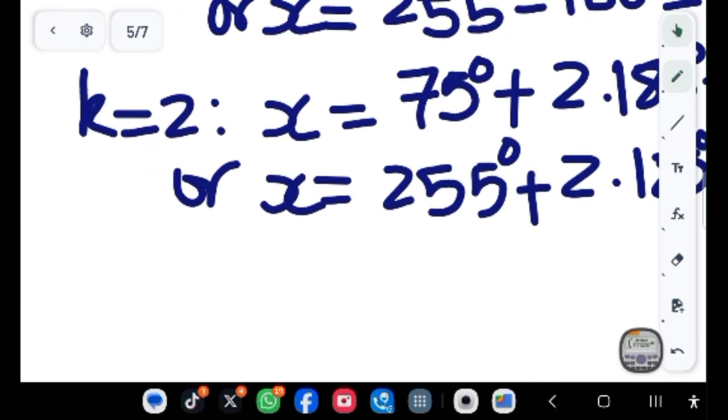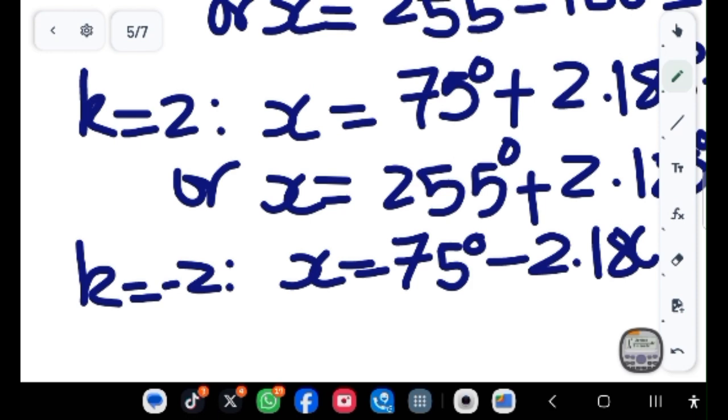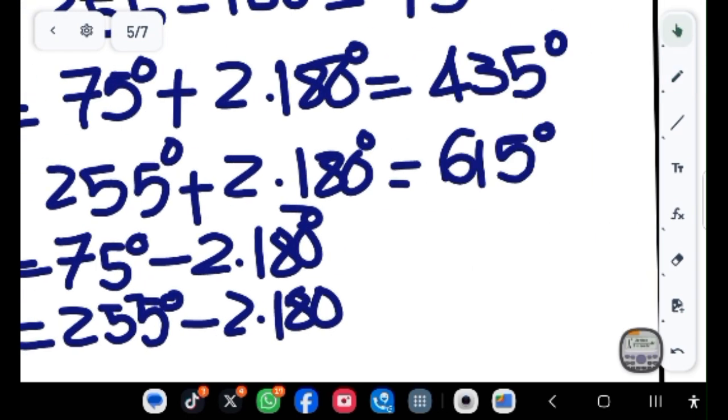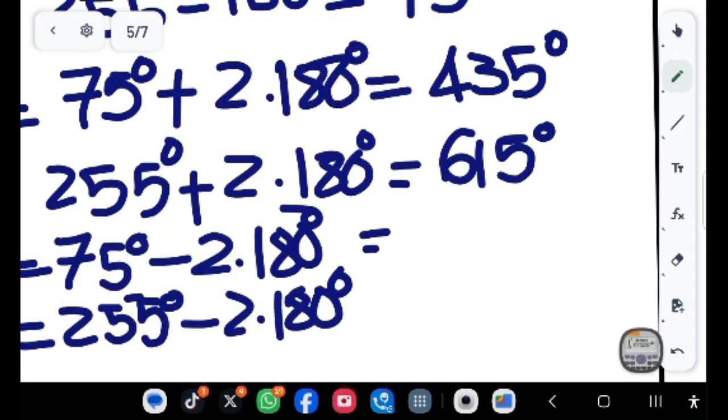Let's try k equals -2 and see what happens here. x will be 75 minus 2 times 180, and then 255 minus 2 times 180. 75 minus 2 times 180 gives us -285.